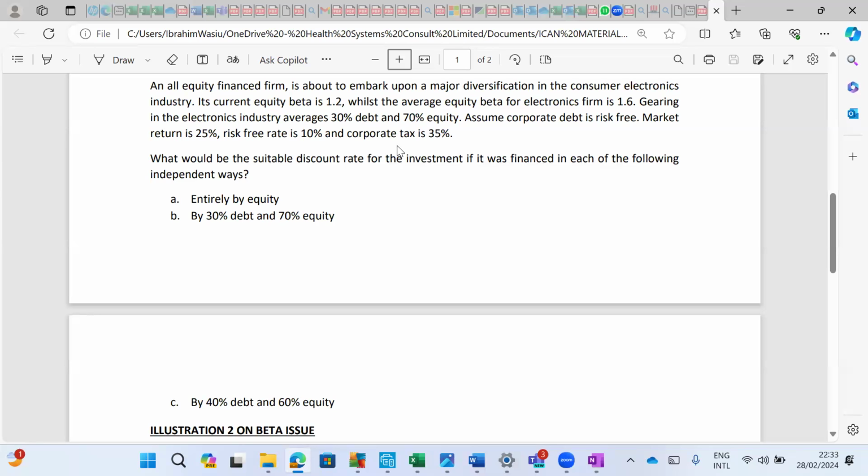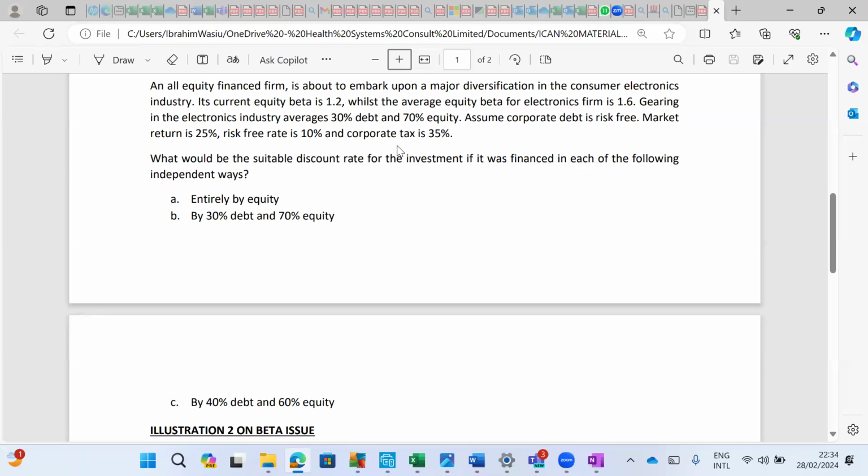The company that is going to embark on the diversification, its equity beta is 1.2. That's our company, in this example, your own company. Our company's equity beta is 1.2.